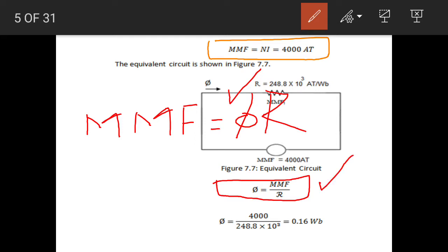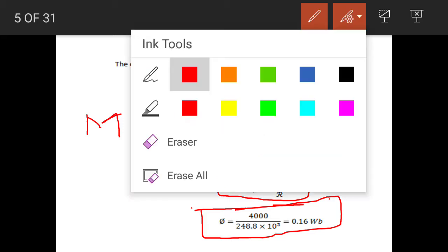You see, the MMF is 4000, and the reluctance of the circuit is 248.8 into 10 raised to power 3. If we put the values in this equation and simplify, the magnetic flux turns out to be 0.16 Weber. So this numerical example was related to a simple magnetic circuit.